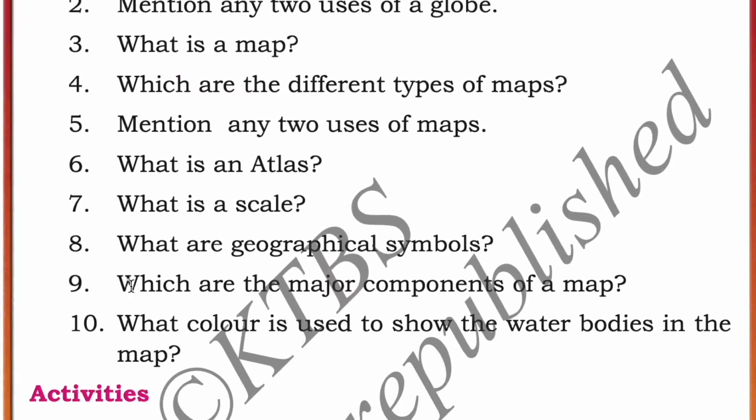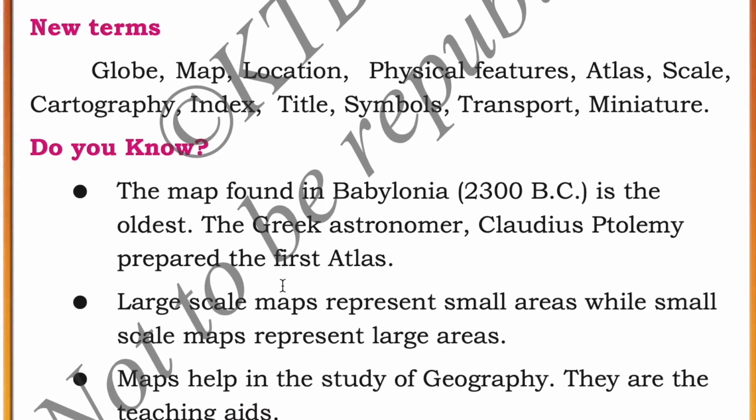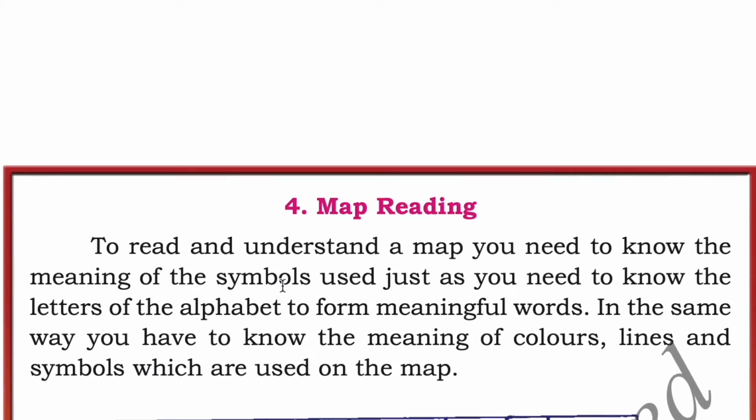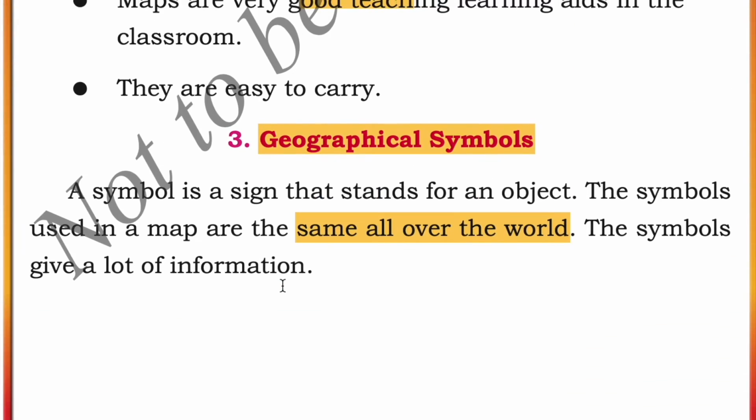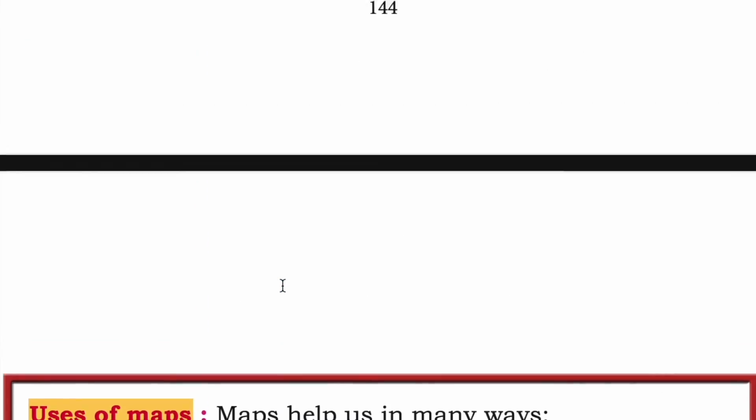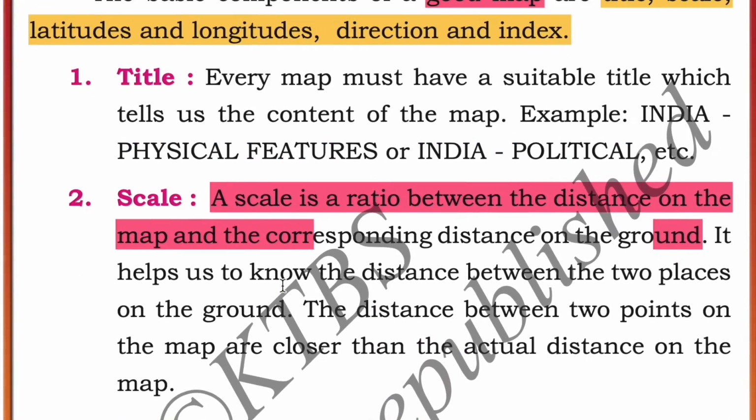Now for 9, what are the major components of a map? Again, let's go back to find the appropriate section. Here we have the 5 major components of the map.